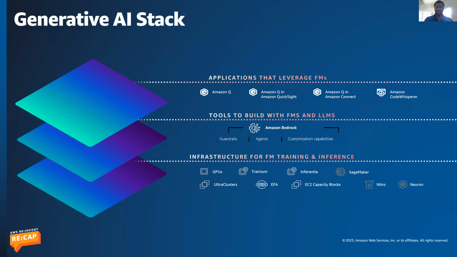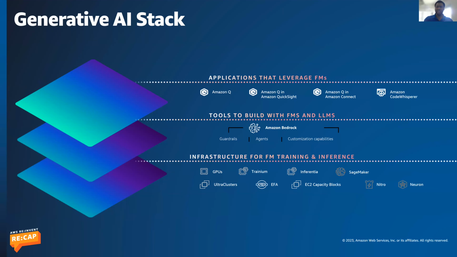And as you've heard previously, this gives you access to all the different LLMs and foundation models that you may need through an API to go ahead and build and scale your AI applications. And then at the top layer are really the generative AI services that allow you to get quickly started. This includes services such as Amazon Q, which is our new generative AI powered assistant for your business. So throughout your AI journey, you may use some services across these different layers.